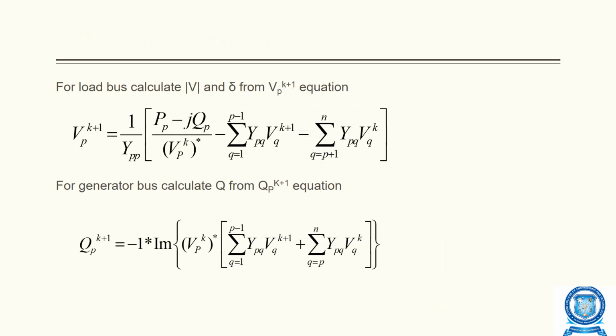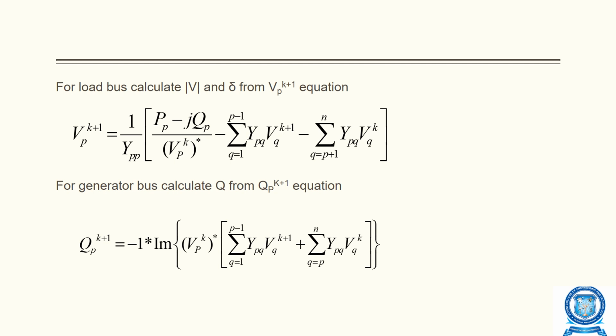For load bus calculation, Vp k plus 1 is equal to 1 by Ypp, where Y represents the admittance matrix, then (Pp minus jQp) by Vp k conjugate, minus summation q equal to 1 to p minus 1 of Ypq Vq k plus 1, minus summation q equal to p plus 1 up to n of Ypq Vq k.